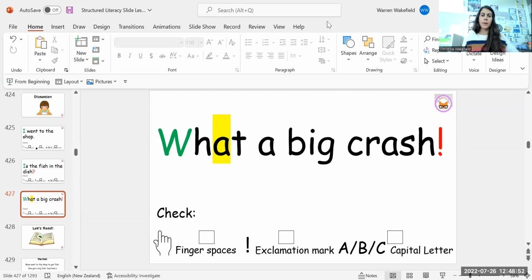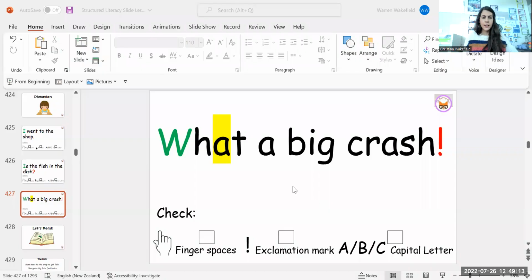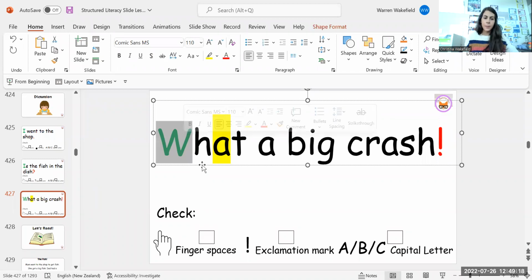Okay, now I'm going to say the sentence to you and you're going to write it. What a big crash. Pause, write it, unpause. Okay, now you should have written the sentence and now we're going to mark it together. So let's look at the sentence again and give yourself a tick and see if you've done it. Did you start with a capital letter, capital W?